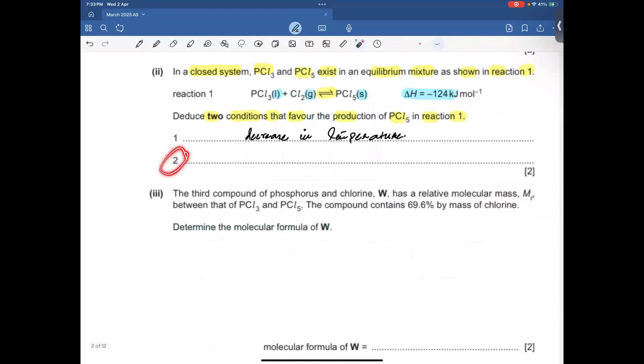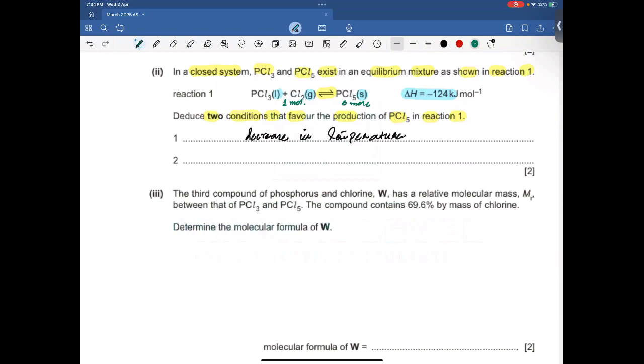Now the second condition, see, I need to ignore liquid and solid. So we need to consider only gaseous substances. On the reactant side, we have 1 mole of gas. On the product side, we have 0 moles of gas.